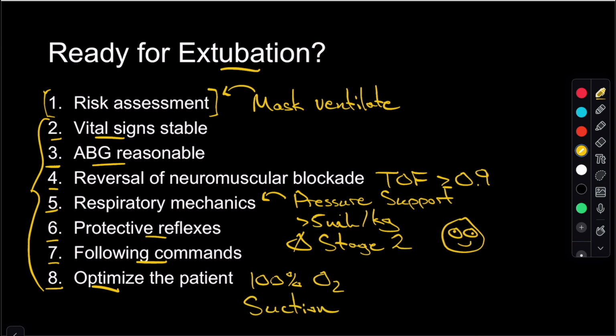You can also suction their airway immediately beforehand to prevent them from aspirating or choking on any of their saliva. And if they are still coughing, we discussed how lidocaine can be used to produce areflexia. So you could give them lidocaine to try to reduce the coughing just prior to extubation.